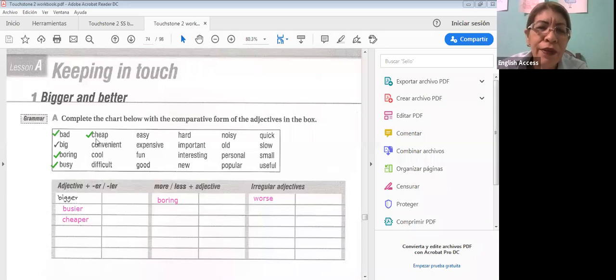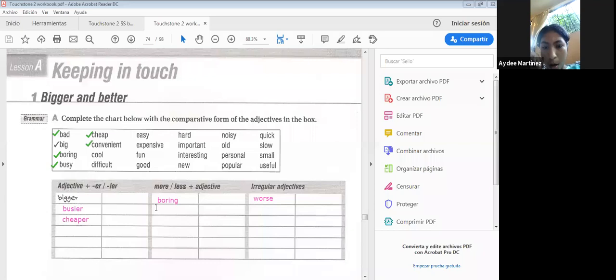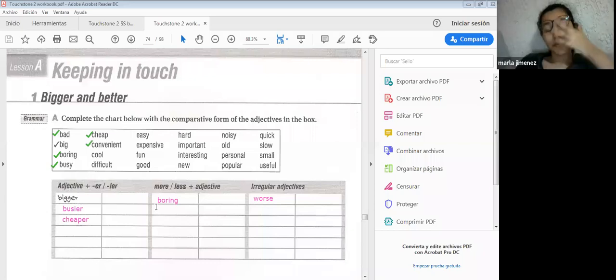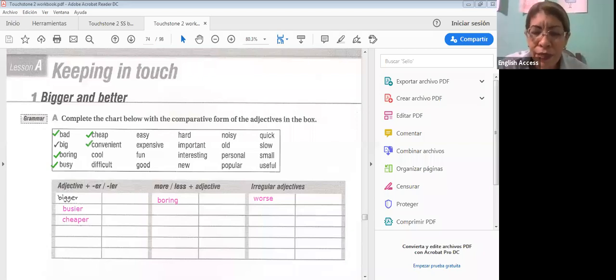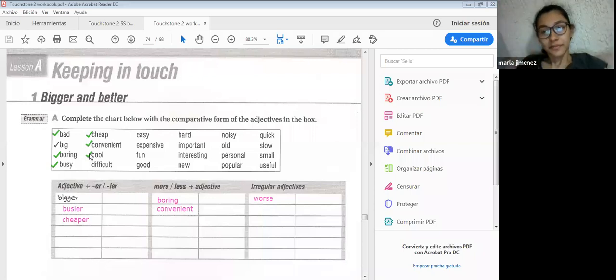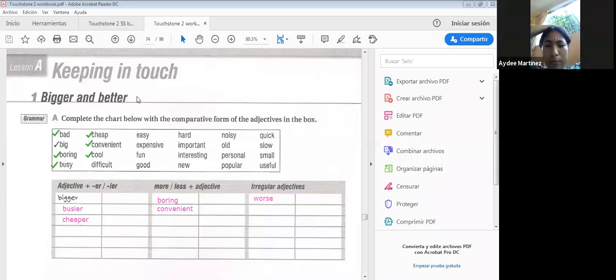Then we have convenient. More convenient. Yes, we can say more or less. Cool. Cooler.